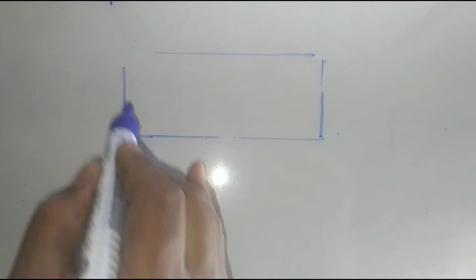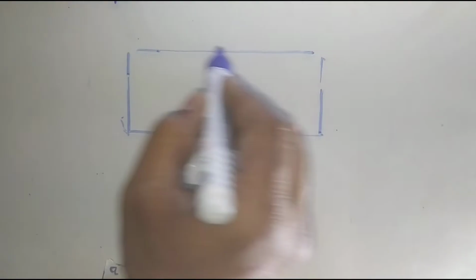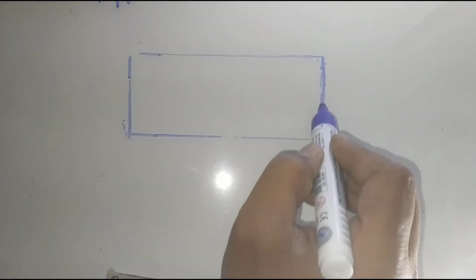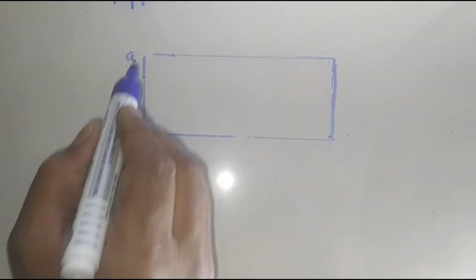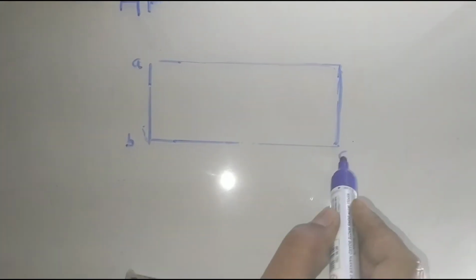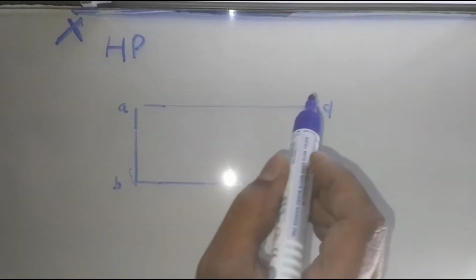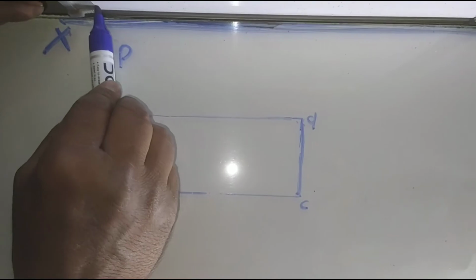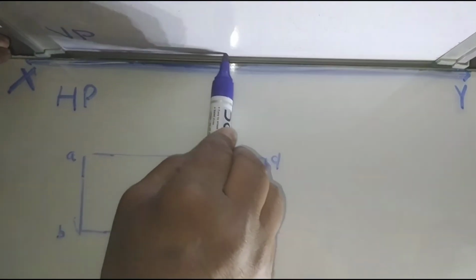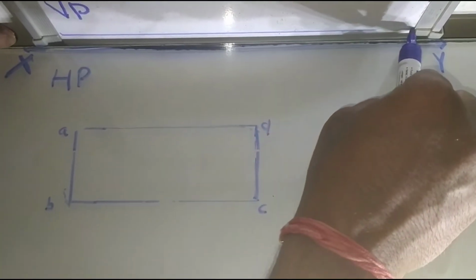This is the rectangle in the top view. I will name it A, B, C and D. Now this is the XY line.